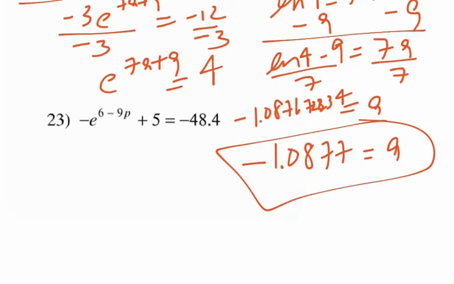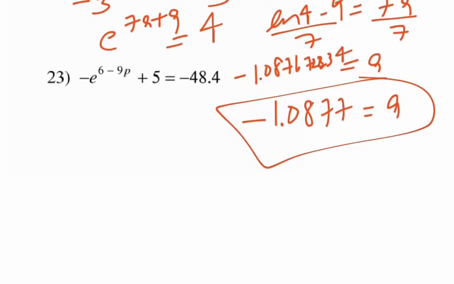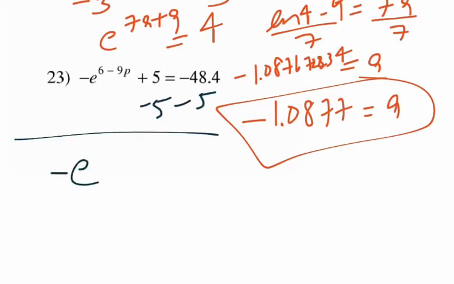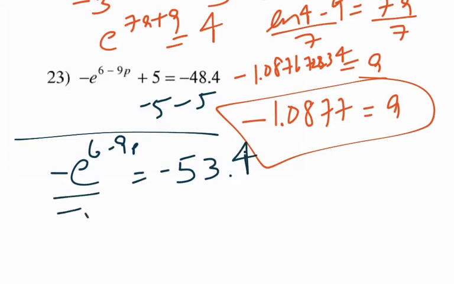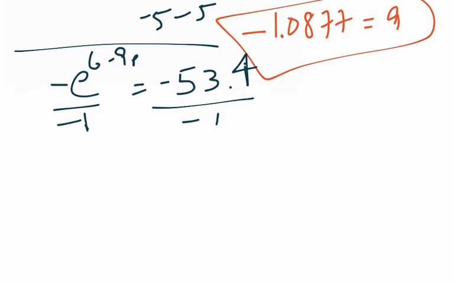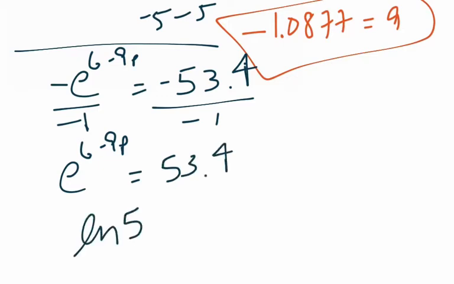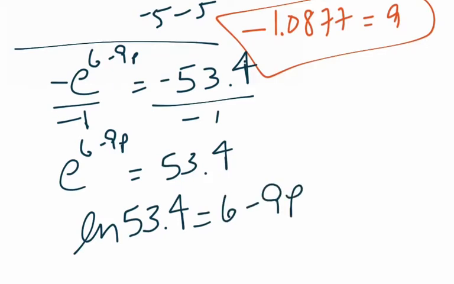And then just 2 left, 23 and 25. So I'm going to minus 5 from both sides. Negative e to the 6 minus 9p is equal to negative 53.4. I'm going to divide by negative 1. So I wind up with e to the 6 minus 9p is equal to positive 53.4. ln of 53.4 equals 6 minus 9p.